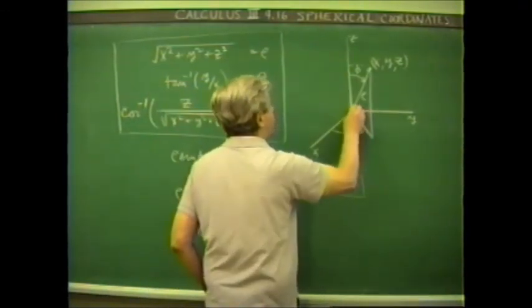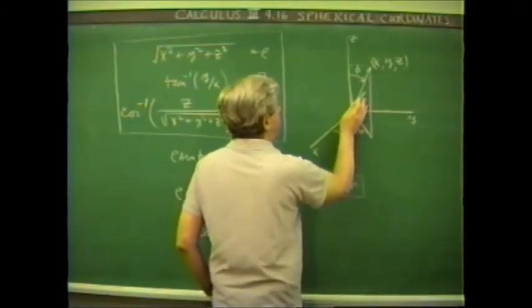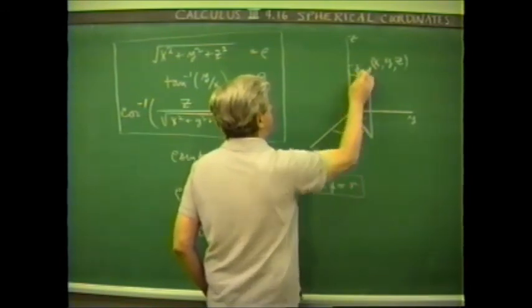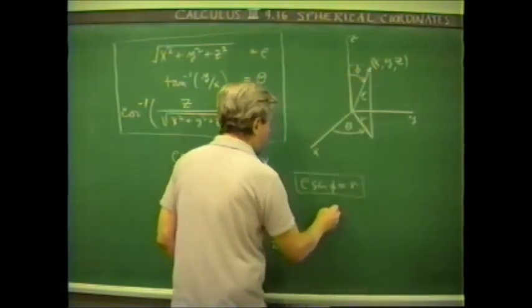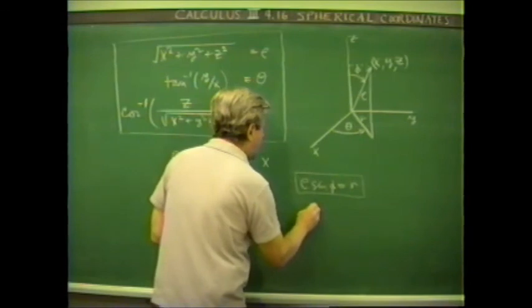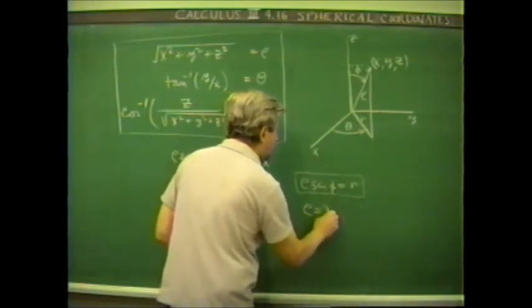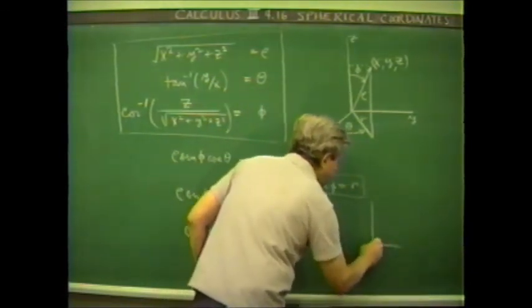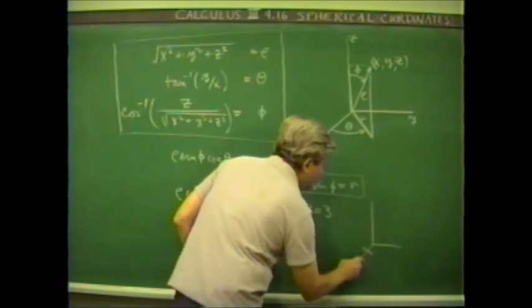Now, cylindrical coordinates are more useful when you're dealing with something that is like a cylinder. Spherical coordinates are more useful when, for each vector emanating from the origin here, there's a point on the surface. In particular, for example, if we look at the graph of rho equals 3, this is the sphere of radius 3.